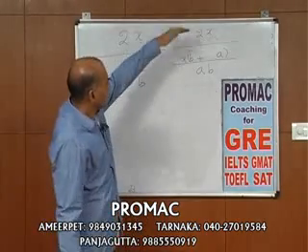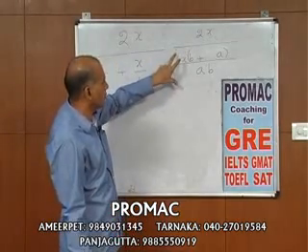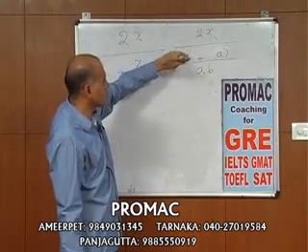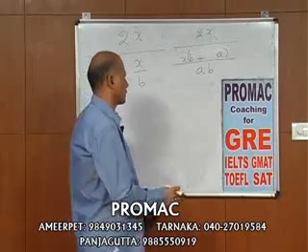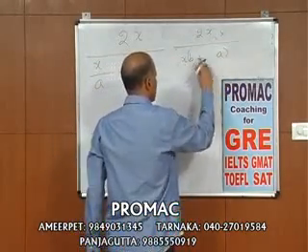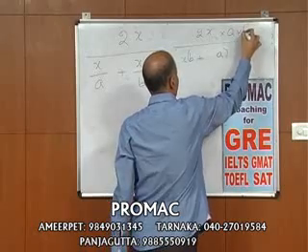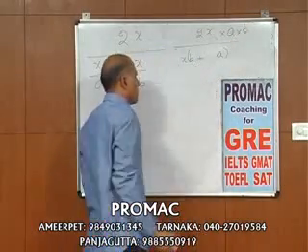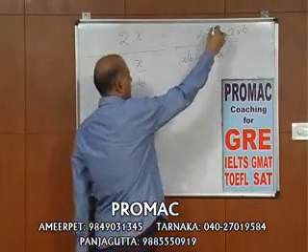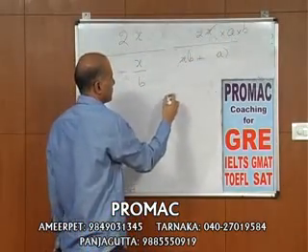When I divide a number with a fraction, it becomes multiplied with the inverse. So this form I could also write as 2x into ab by x multiplied with (b plus a). x and x got cancelled.